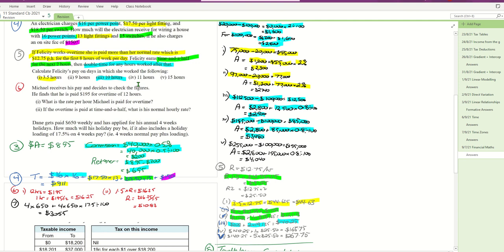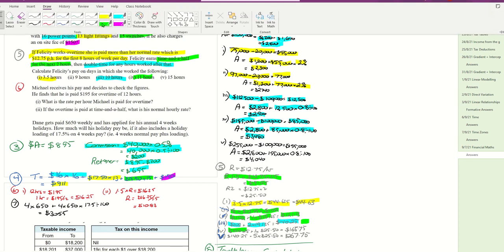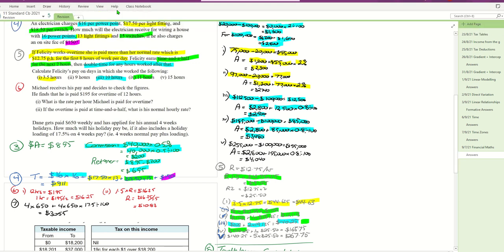For 11 hours, he's getting paid the same amount he gets paid for 10 hours, which was 140.25, which we worked out here. And then he's getting paid 1 hour at double time. His double time rate is his normal rate, $12.75 times 2, $25.50.